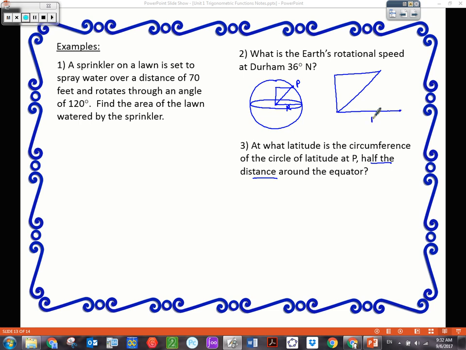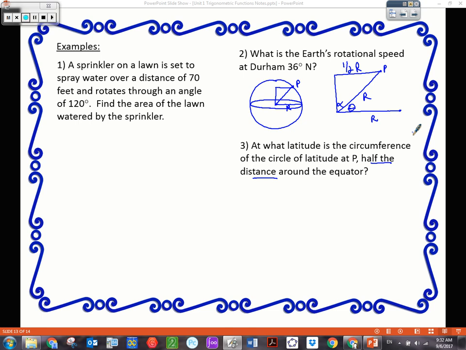Okay, so this distance is R. We know that distance is R, right? Then we want it to be halfway, so this would be half R. Okay, my latitude, this is my latitude, my theta, and this angle I'm going to call alpha. I'm just going to use that as a helper angle.